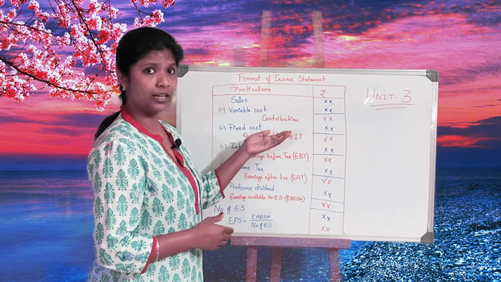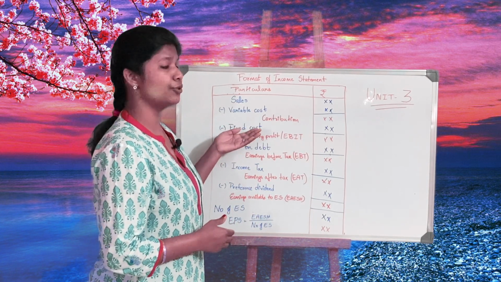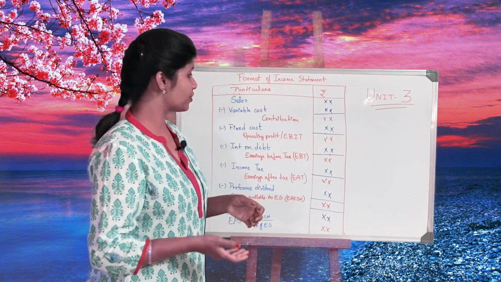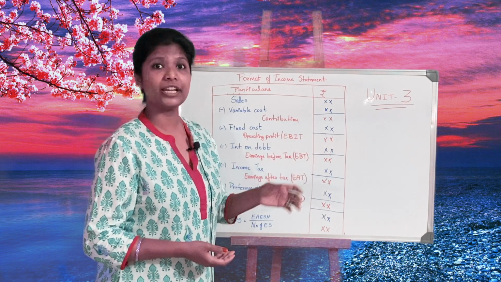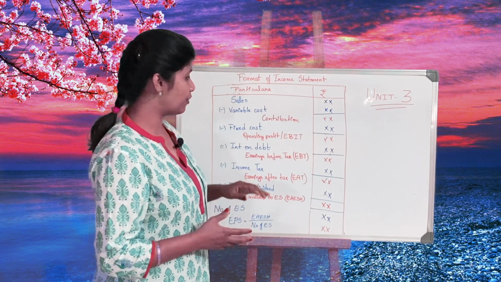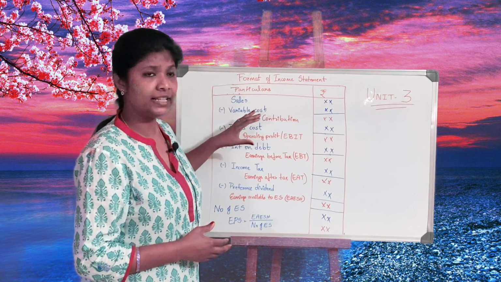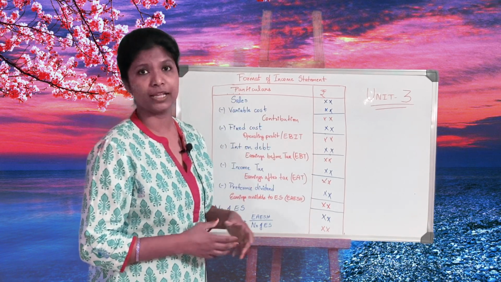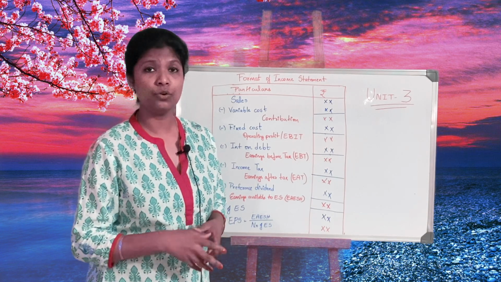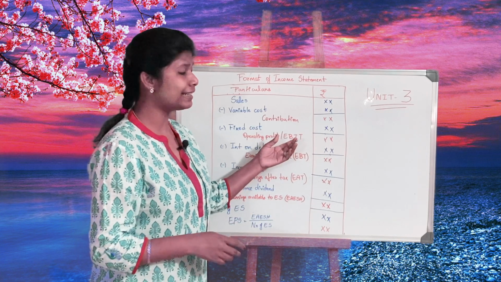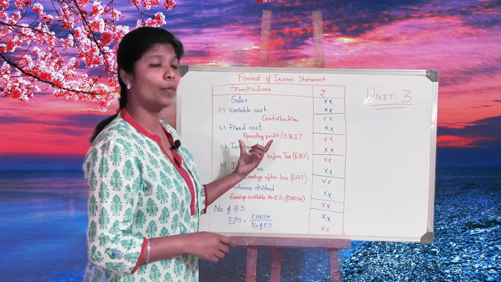From contribution, when you deduct fixed costs, you arrive at operating profit, otherwise called earnings before interest and tax. So these are your basic expenditure. Once you deduct them from your sales, you end up at operating profit. Many times questions give you the operating profit of the company, they wouldn't tell you EBIT directly.